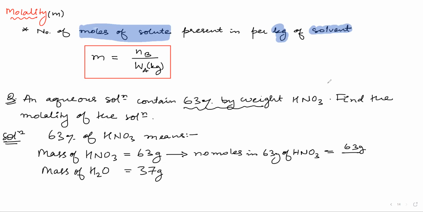What things do we have in HNO3? We have one hydrogen, one nitrogen, and 3 oxygen. So hydrogen will be 1, nitrogen will be 14, 3 oxygen will be 3 into 16, which is 48.